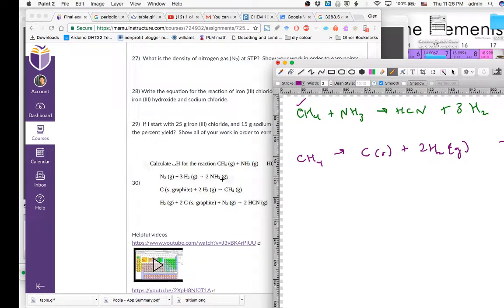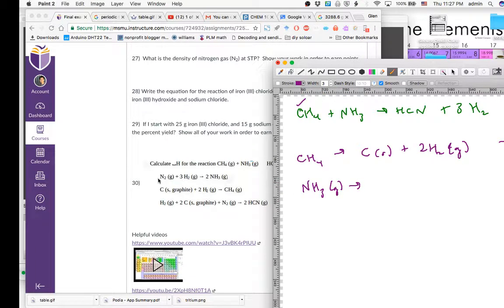What about the NH3? This guy has NH3. I'm going to flip that one too. It has 2NH3 gas. Actually, I only need one NH3, but this equation gives me 2 NH3, so I'm going to divide this whole thing by 2. So 2 divided by 2 is just NH3 gas.